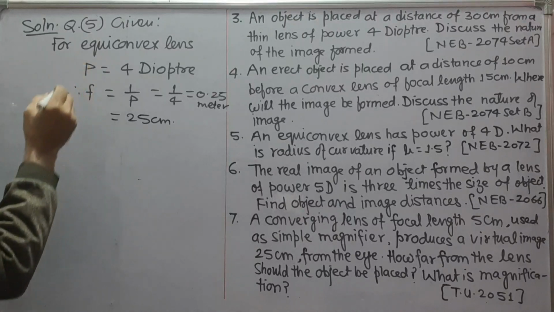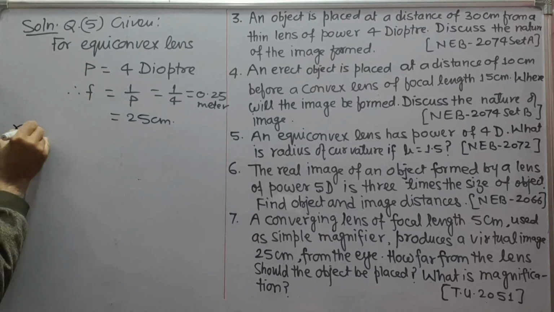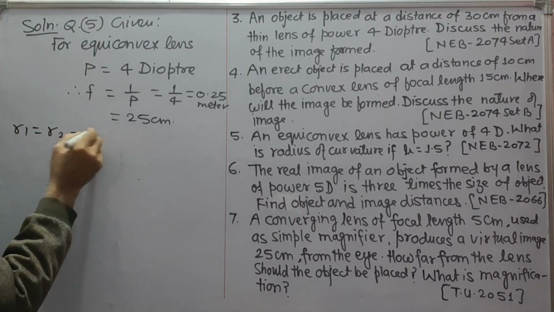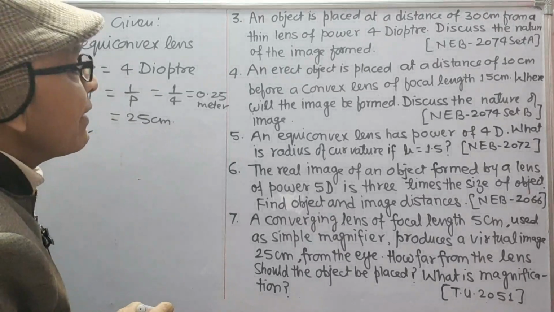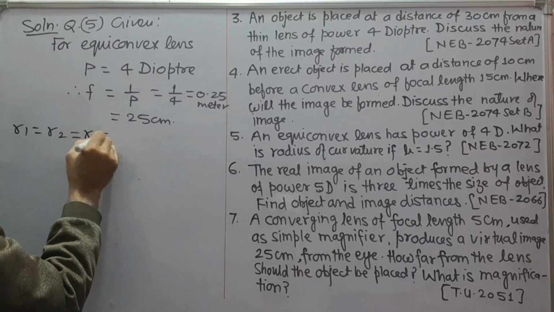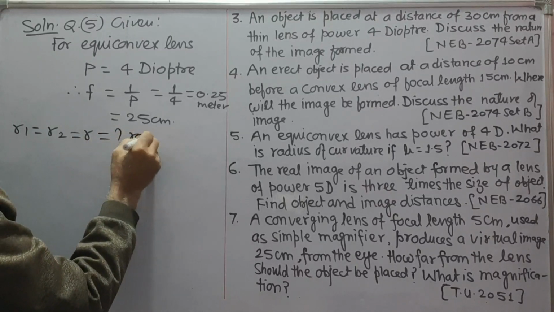Also, for equiconvex lens, R1 is equal to R2 is equal to, suppose R, we have to find radius of curvature.